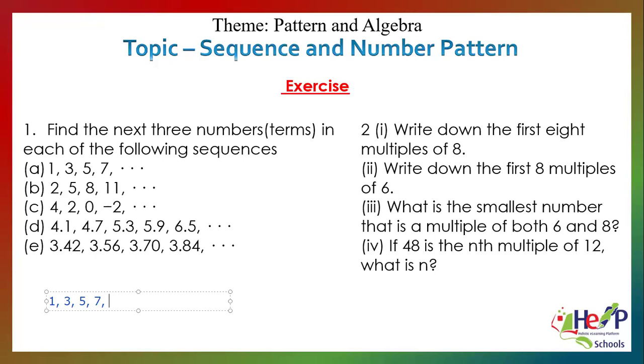After that, it is 9, 11, 13. Yes, and so on. Can you give us the next one? They're odd numbers. Oh, these are odd numbers. No wonder you guessed them very fast.